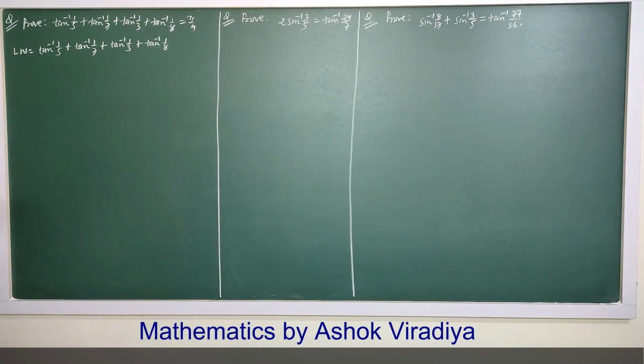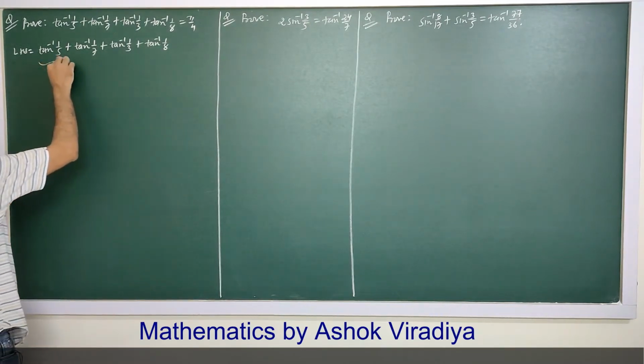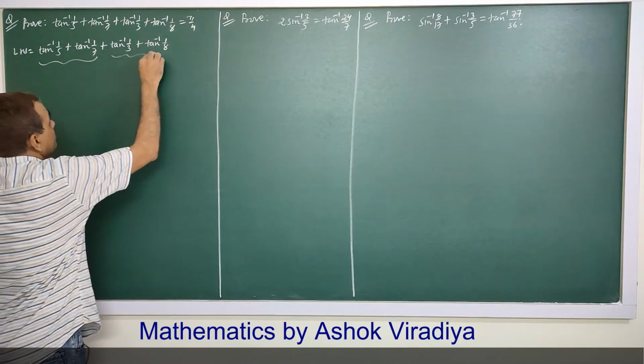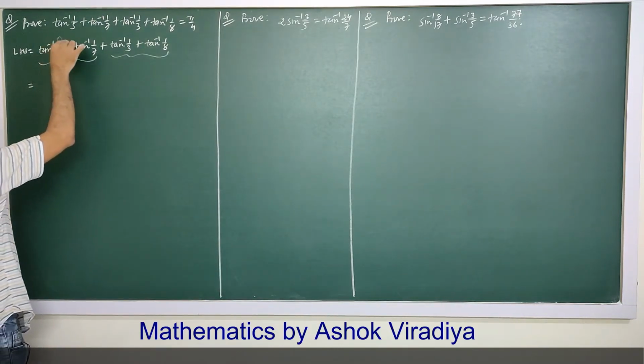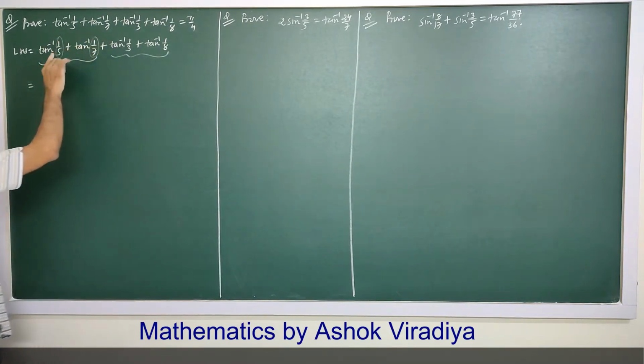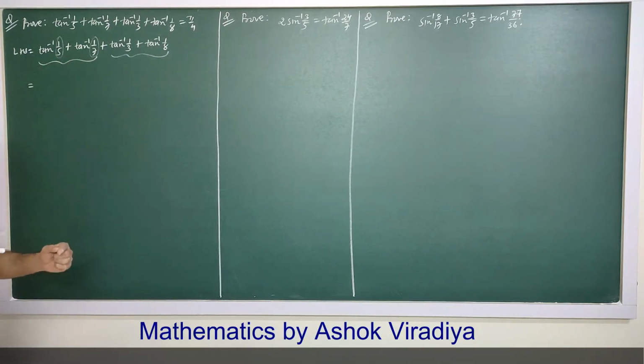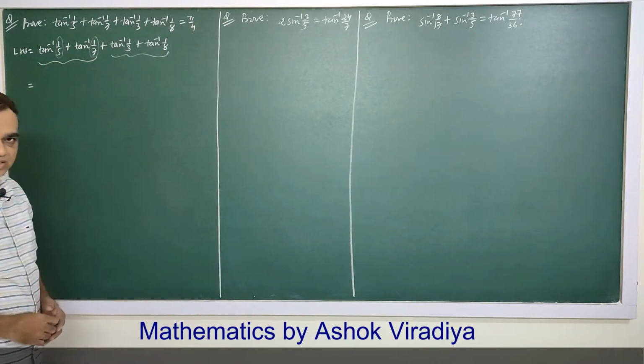We make pairs of two numbers, so there are 2 pairs. Now look here, tan inverse x plus tan inverse y. The formula is applicable. Check the product. The product of these 2 numbers is 1 by 35. It is less than 1.